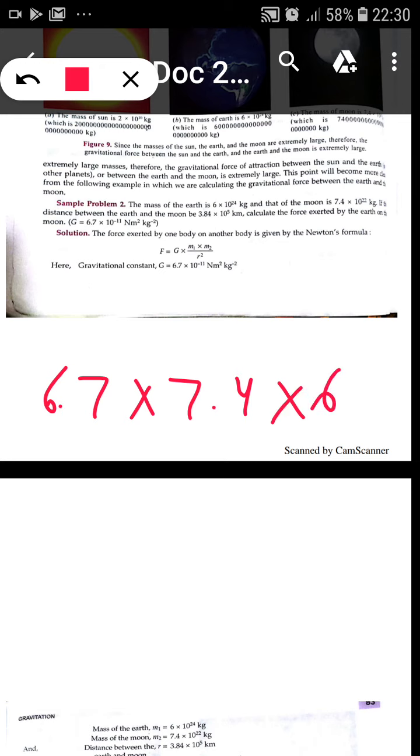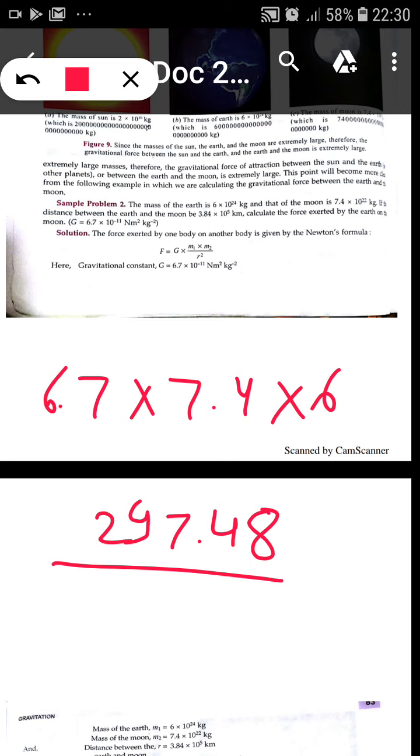It is given by 6.7 multiplied by 6, and again multiplied by 7.4. It is given by 297.48.